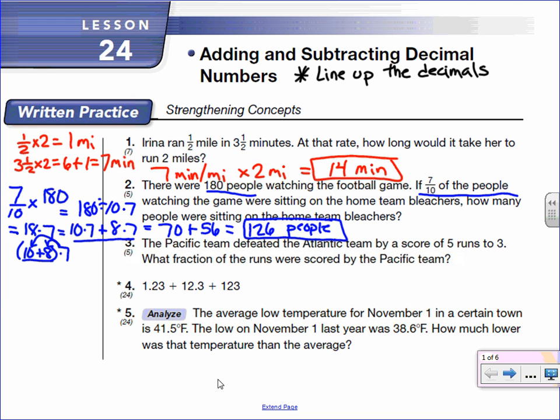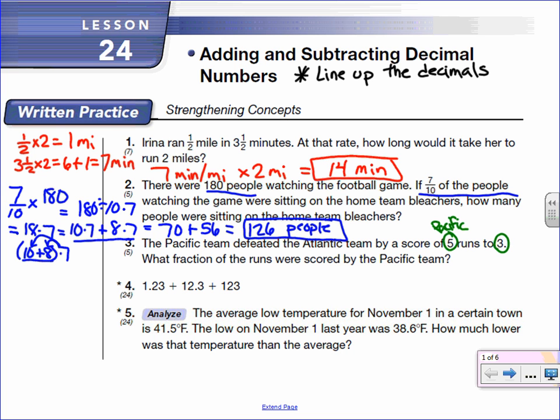The Pacific team defeated the Atlantic team by a score of 5 runs to 3. What fraction of the runs were scored by the Pacific team? So when they're talking about what fraction of the runs were scored, you have to take that out of the total. So we have the Pacific team defeated, so we know that this score here is the Pacific.